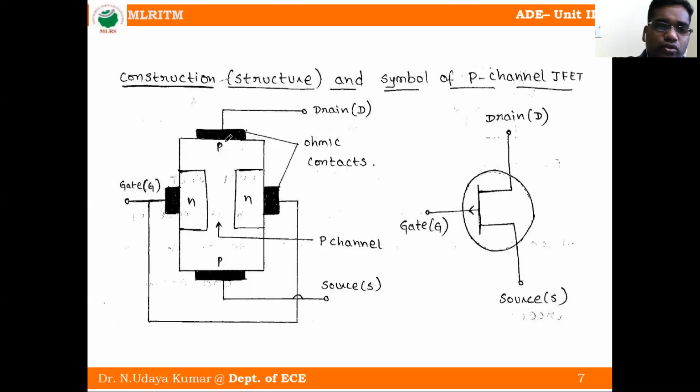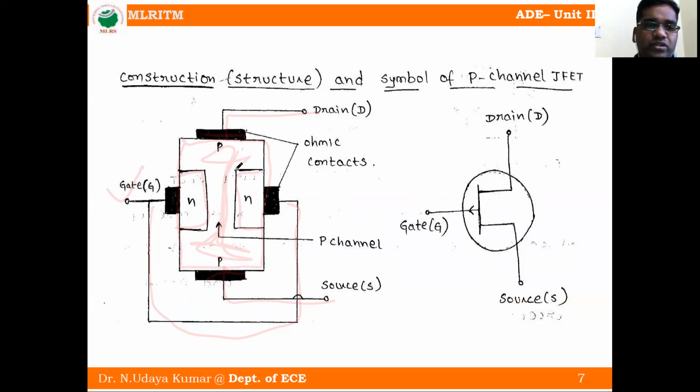Total we call it a P-channel bar. We diffuse N-type on both sides, and these are shorted, so we call it the gate terminal. This terminal we call the drain terminal, and this one the source terminal. In between, since it is a P-type bar, this space we call a P channel.